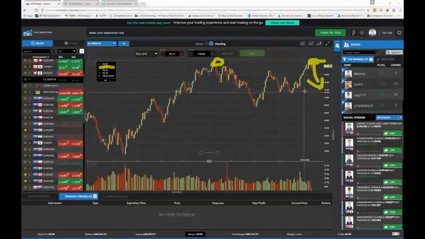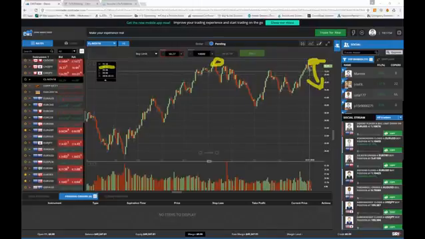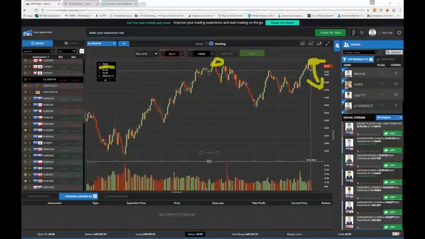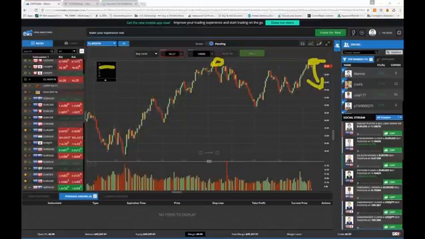Maybe if you're swing trading it somewhere around support, which is around $43. So what you're looking for is situations where you have nice returns versus your risk.